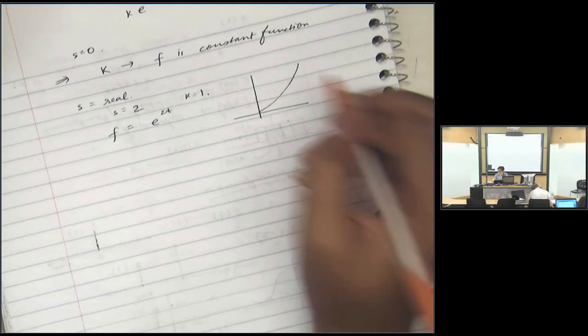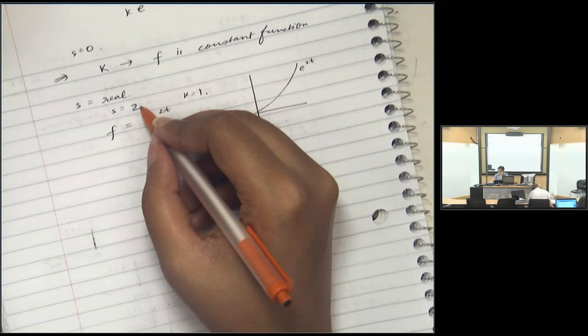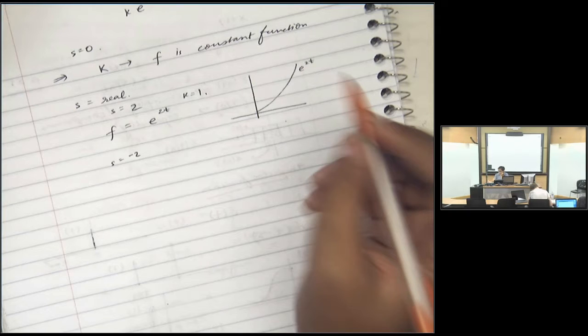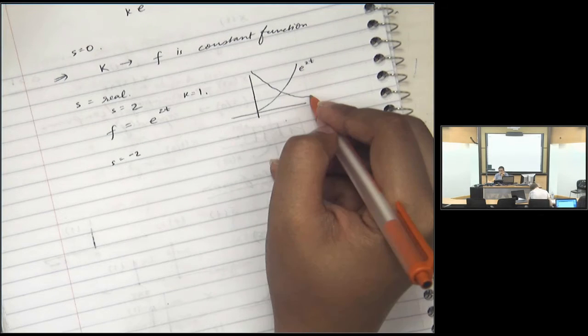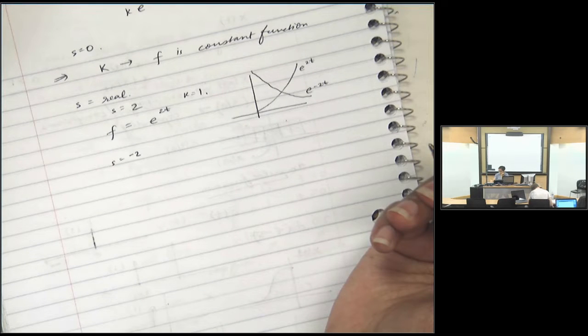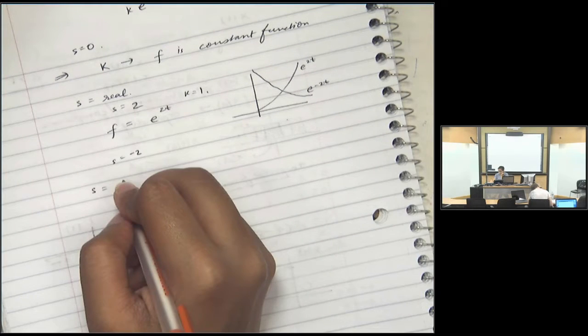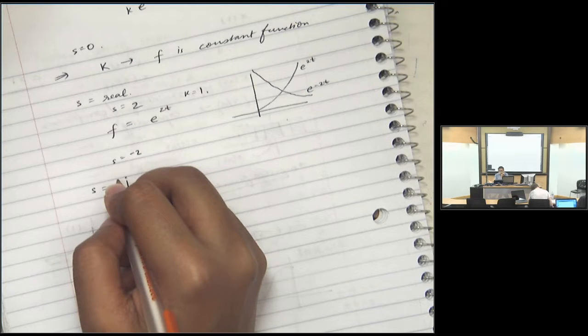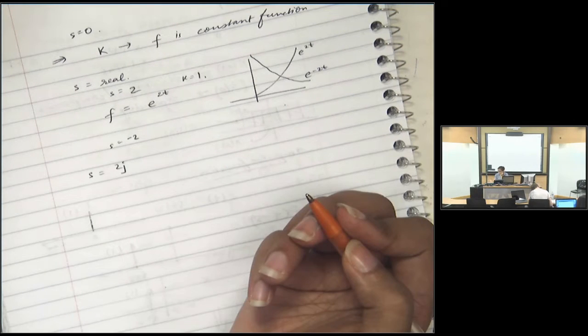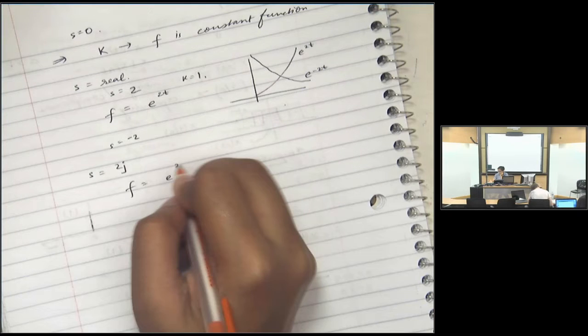If s is negative over here, so if s is minus 2, this will be a decaying exponential. Now, if s is only imaginary, like let's say 2j, then f is equal to e raised to power 2jt.